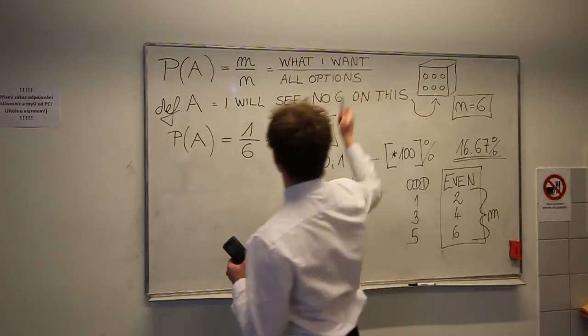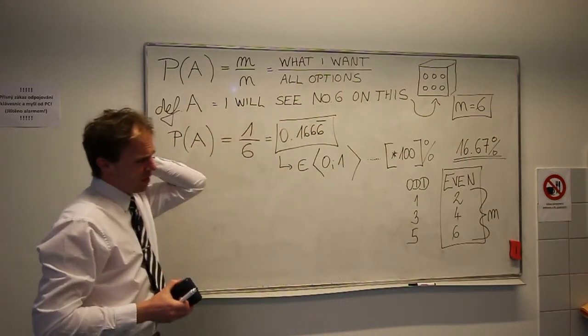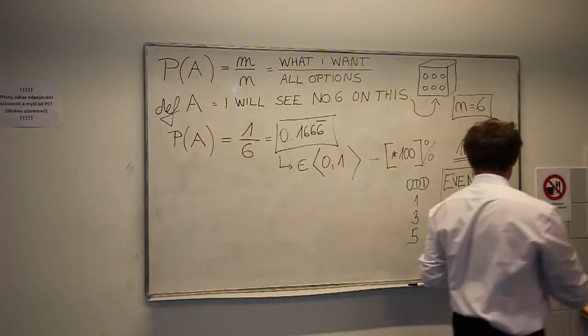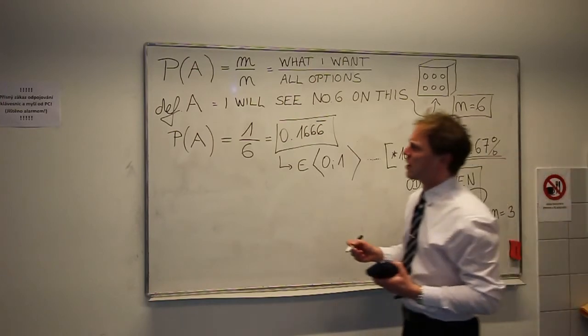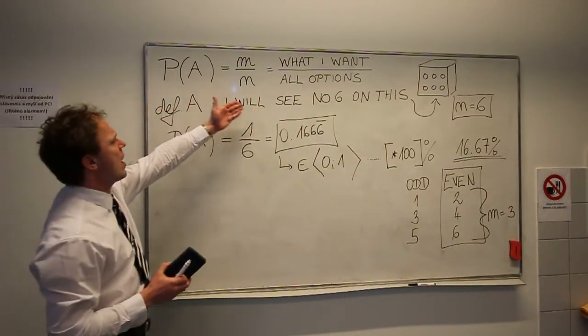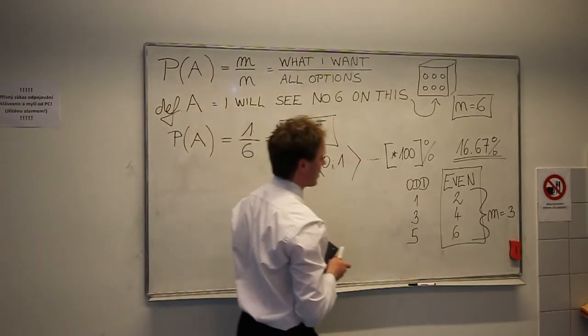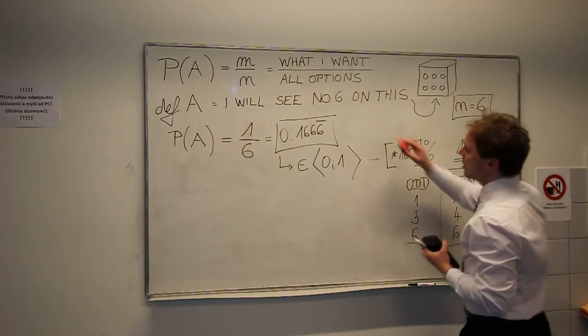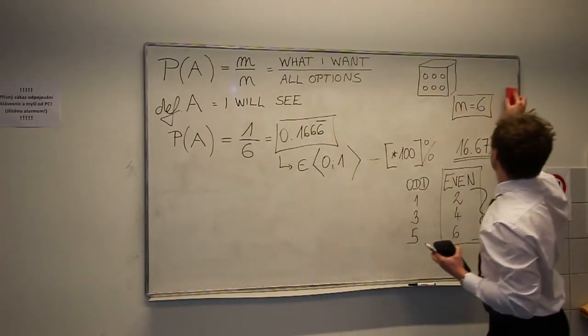What I want. Here I wanted only one side. Now I want one from 3 sides. So M is equal to 3, and everything else is still the same. Definition: I will see an even number on this dice.